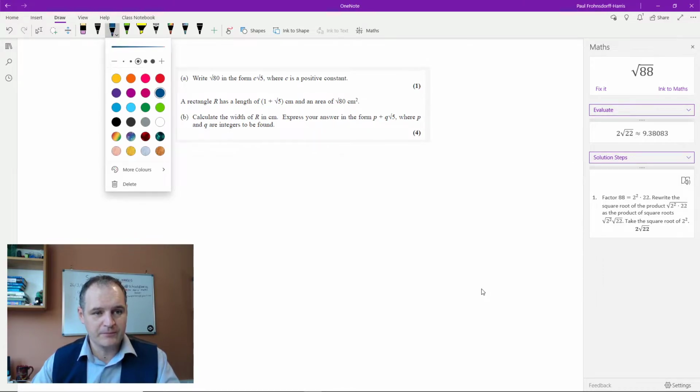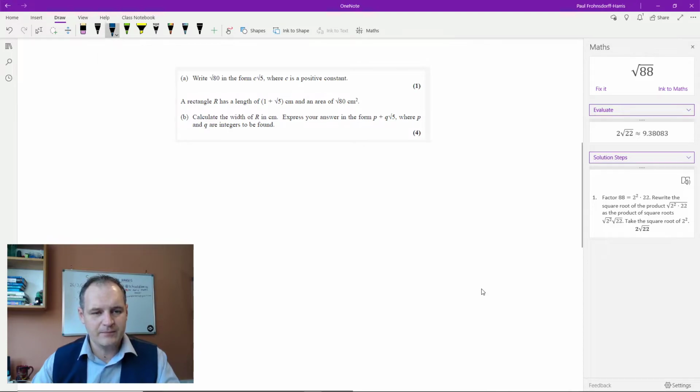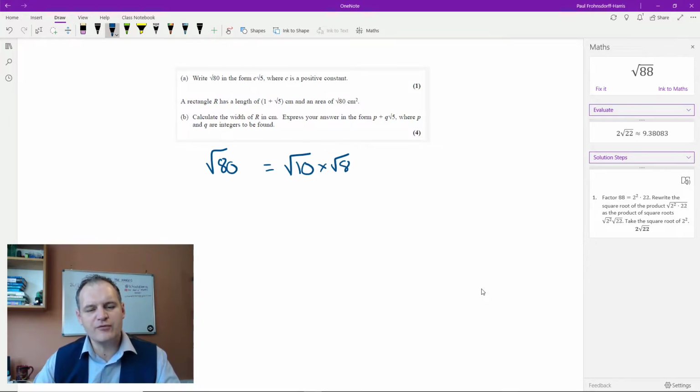So let's do so. Root 80 has options. It could be root 10 times root 8. Problem is, neither of those numbers are square numbers, so it's not a useful one. But it is also equal to root 16 times root 5, and this is far more useful because we have a square number as one of the factors.